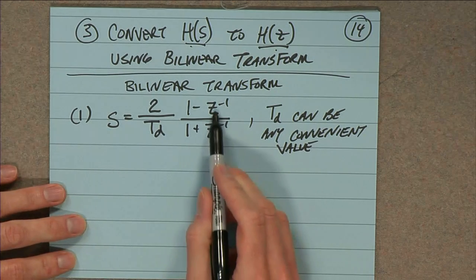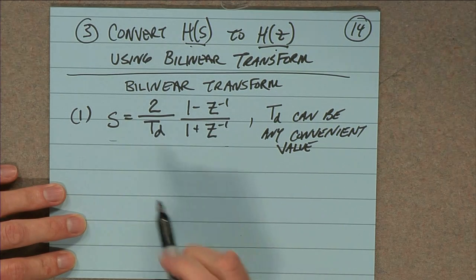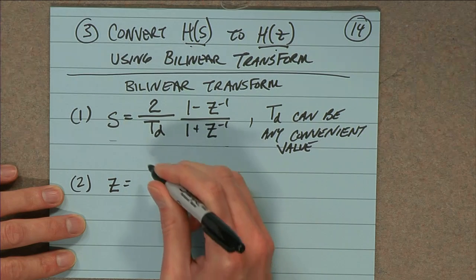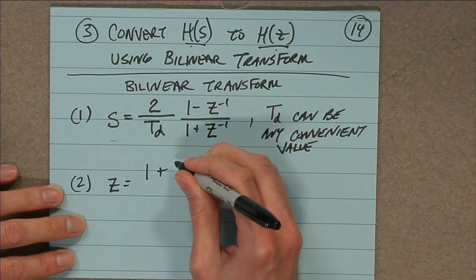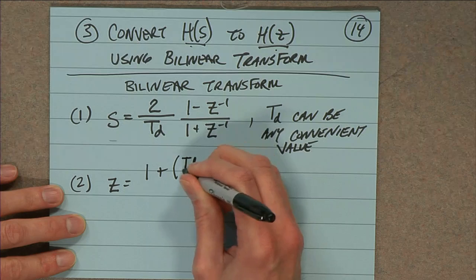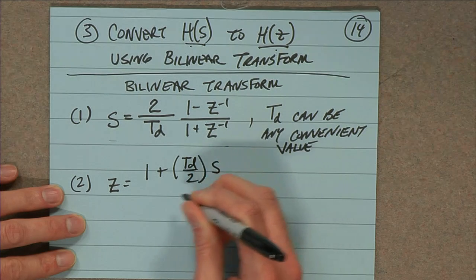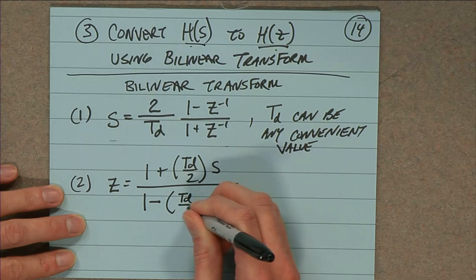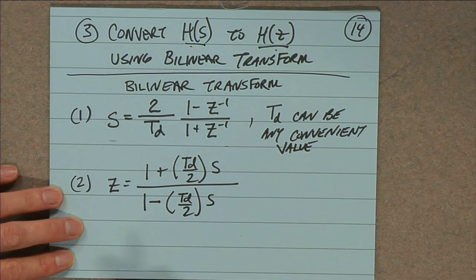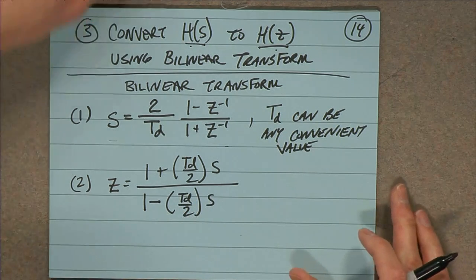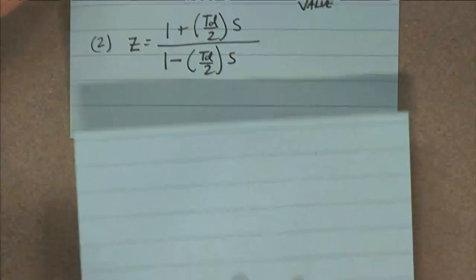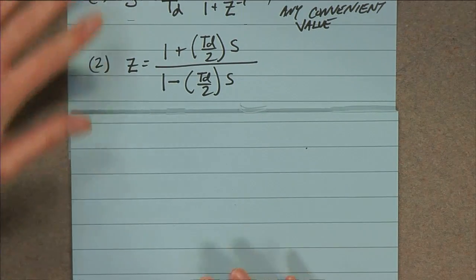So if we solve this equation for z, we get 1 plus t sub d over 2 s, over 1 minus t sub d over 2 s. And what we're going to do is explore the properties of this transformation.